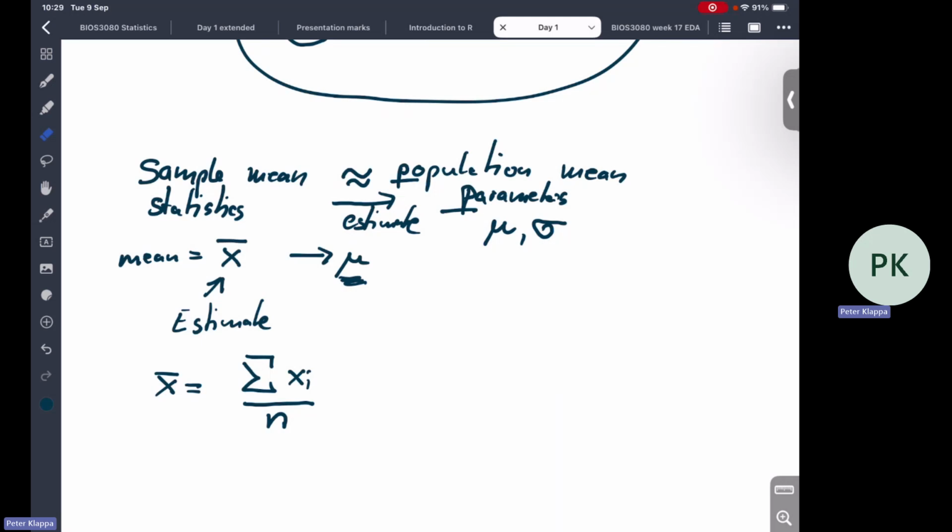Can do that, right? First, I measure up to here or something like that. And then I just simply randomly pick some more people, another sample, same size, 10 people. And I measure again the height and calculate the sample mean.